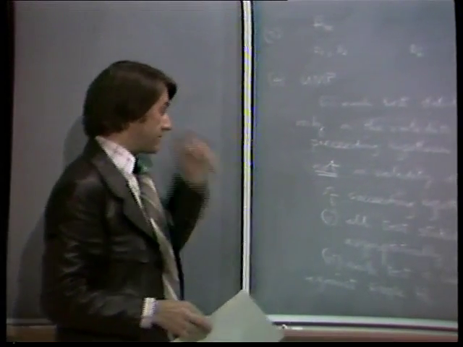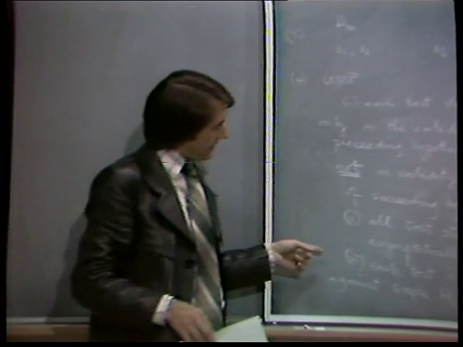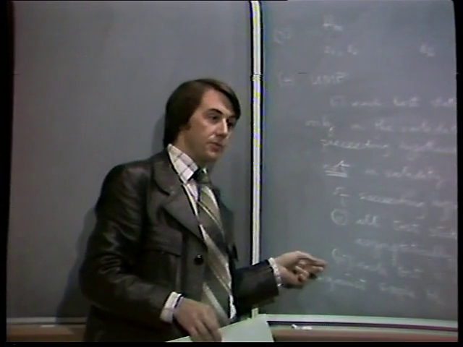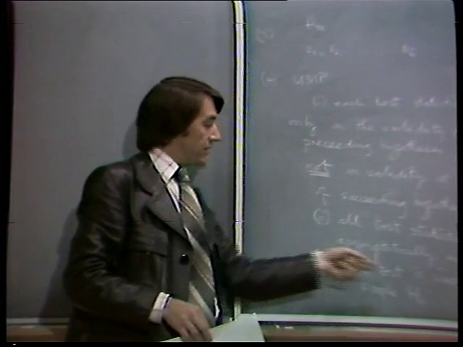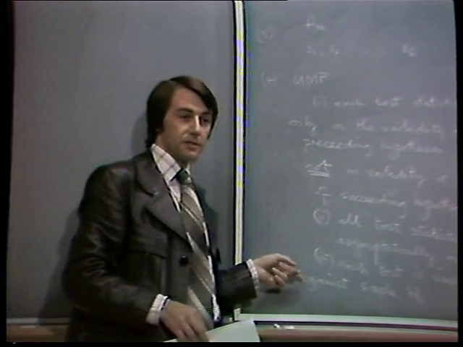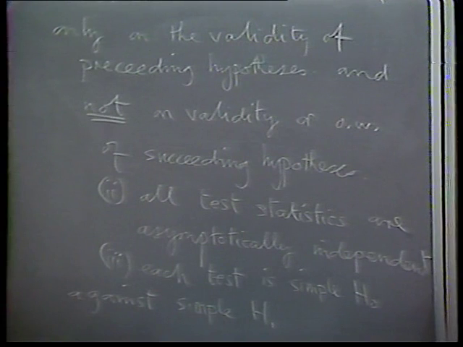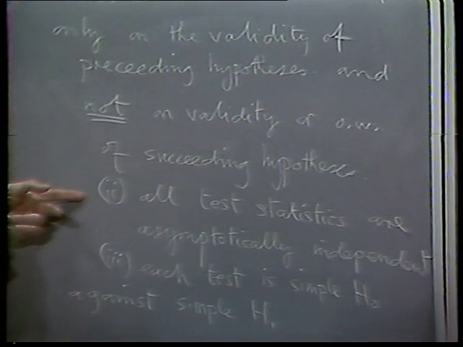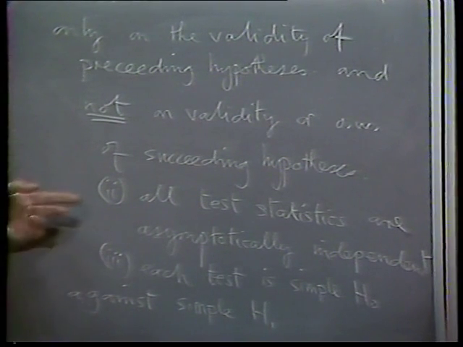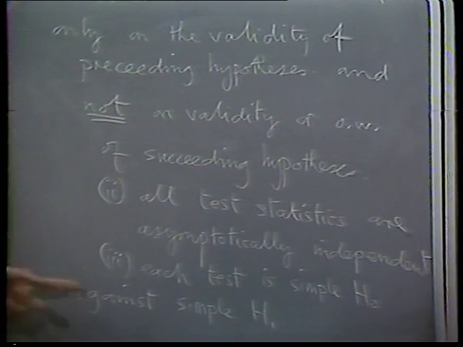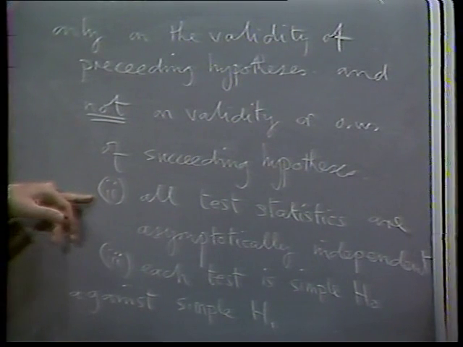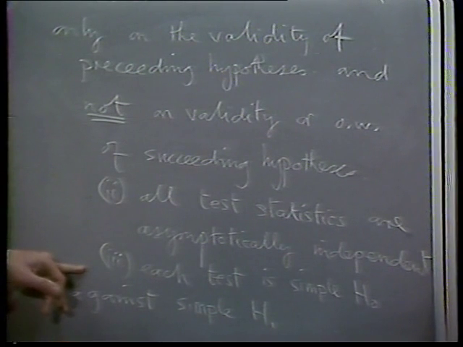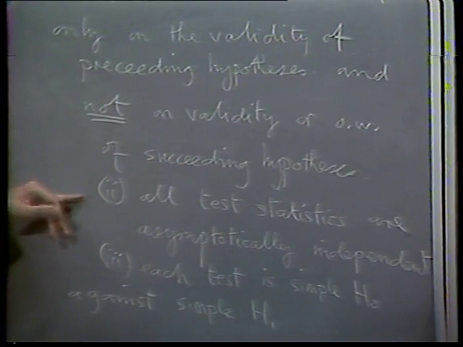And so if we work backwards through these properties, because each test statistic is of a simple null against a simple alternative, we know that a uniformly most powerful test statistic will exist. Secondly, because all the test statistics are independent, when we now test a joint hypothesis through this sequence of tests, the test of the joint hypothesis will, as a consequence of the independence and each test itself being uniformly most powerful, produce a uniformly most powerful test of the joint hypothesis.